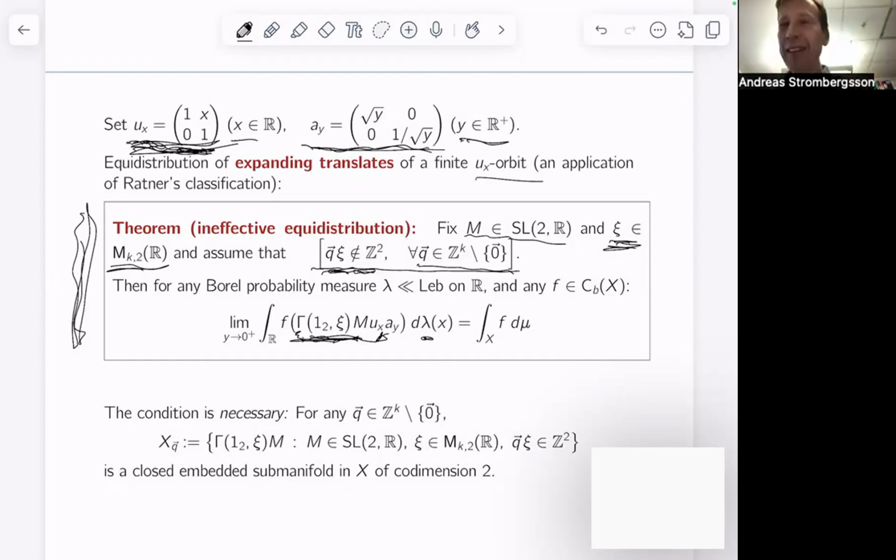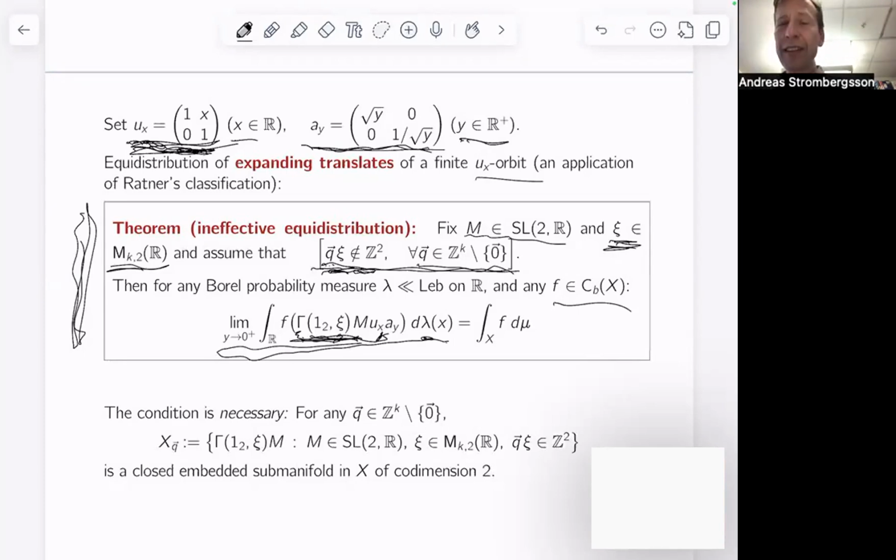But then I average over this unipotent orbit, and I take a limit where I move this unipotent orbit by the diagonal flow a_y, and as I do so, it turns out that this will become more and more equidistributed. At least it becomes equidistributed on the base manifold Y. And if I have assumed this genericity assumption on the position in the torus fiber, then it actually becomes equidistributed in the whole manifold X. So that this average along just a one-dimensional finite curve tends more and more to the volume average of any given test function, so a bounded continuous test function on the manifold X.